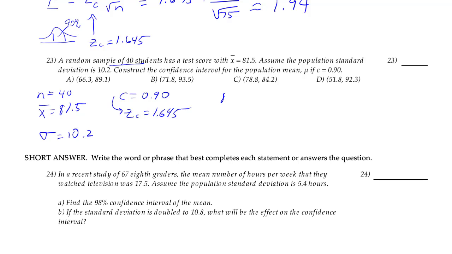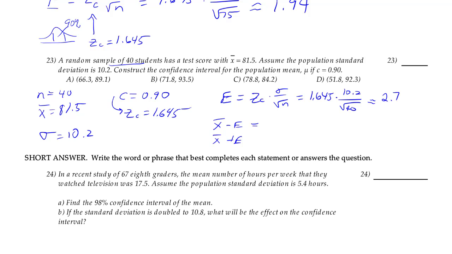Okay, so E, margin of error, is going to be Zc times sigma over the square root of n, which is going to be 1.645 times sigma is 10.2 over the square root of 40. And that is approximately about 2.7.